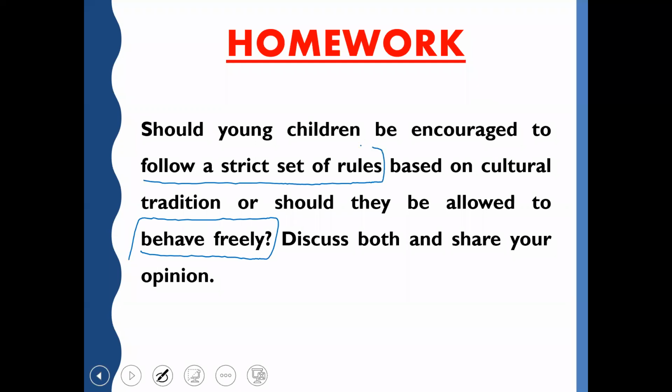Excellent. This is side A. This is side B. Whether children should follow a strict set of rules or should we allow them to behave freely.